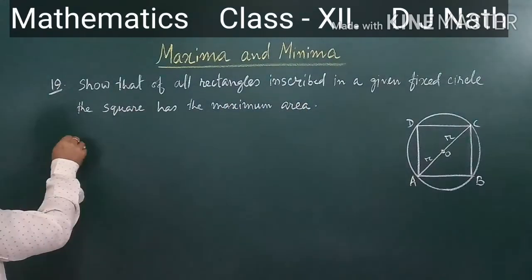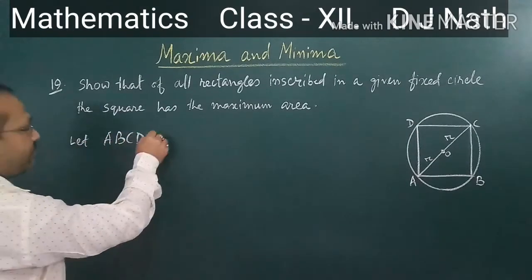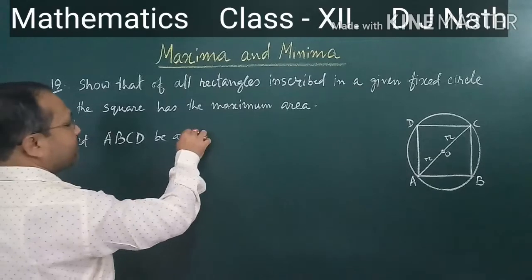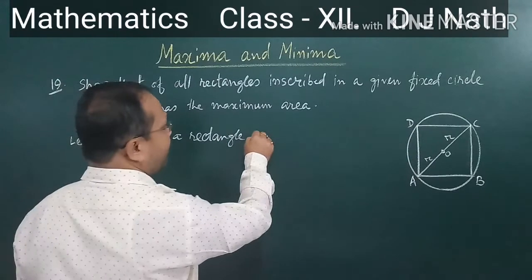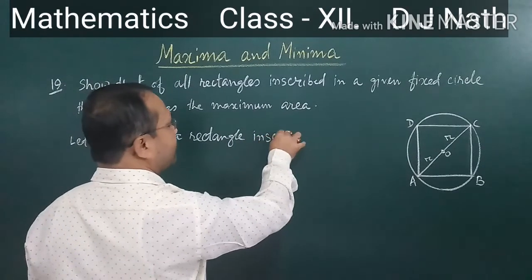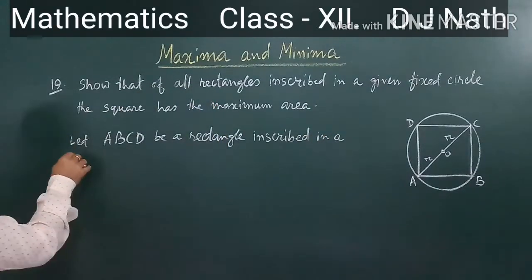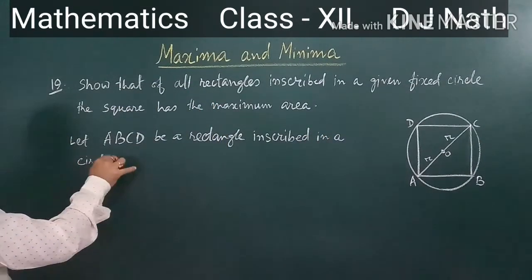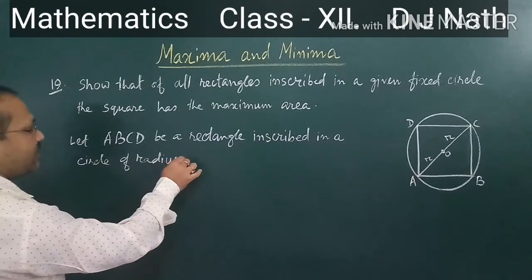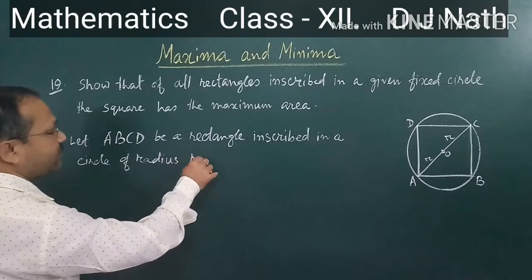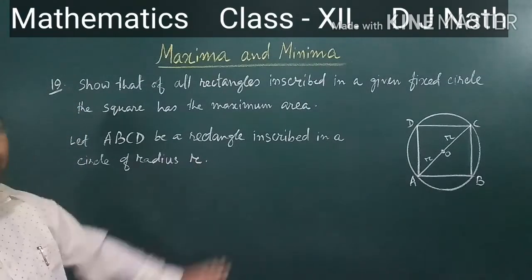So we'll write: let ABCD be a rectangle inscribed in a circle of radius r.